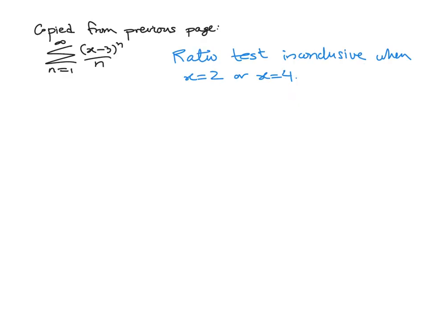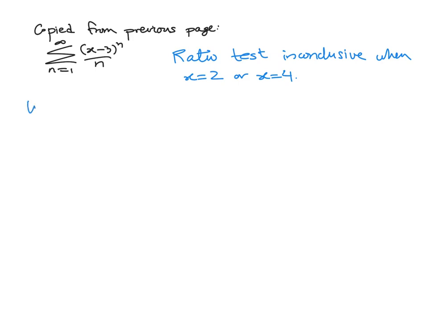So here we go. Here's the series again that we were considering. We know that between x equals 2 and x equals 4, in other words, 2 less than x less than 4, the ratio test shows that it converges. But at 2 and 4, where the ratio test gave us a limit of 1, we don't know. So I need to test separately what happens when x equals 2 and what happens when x equals 4.